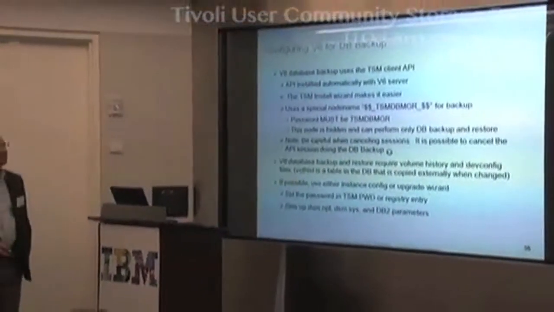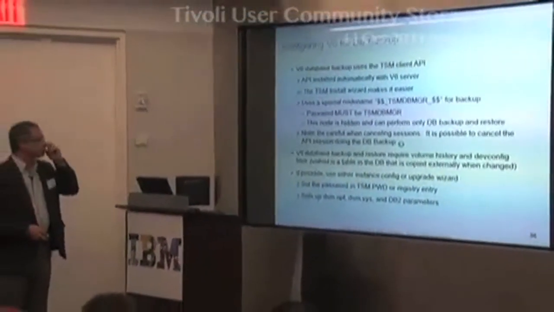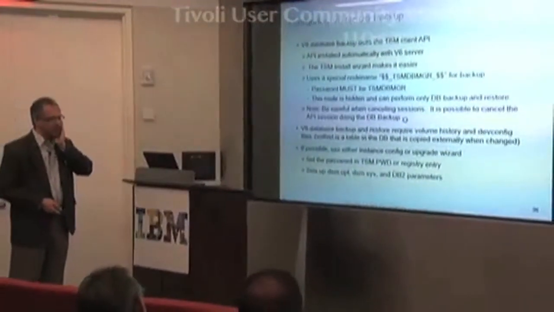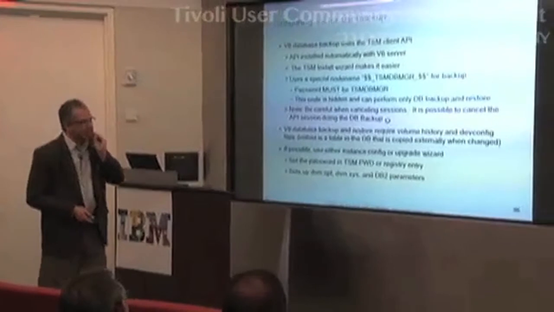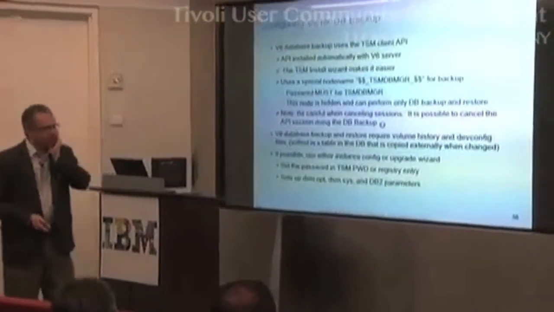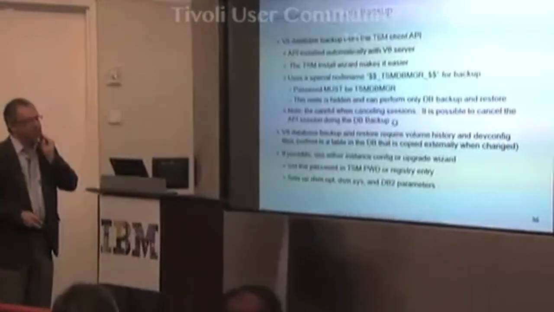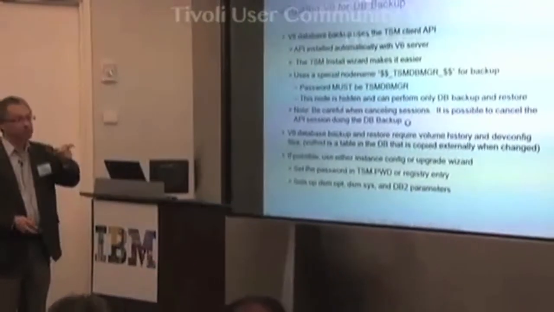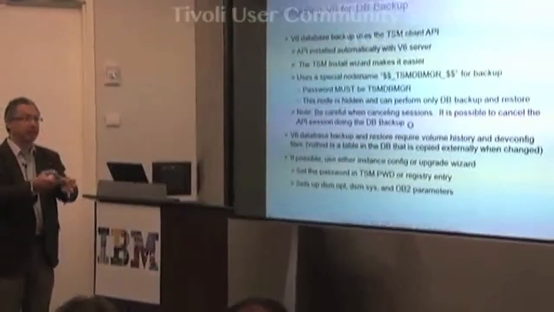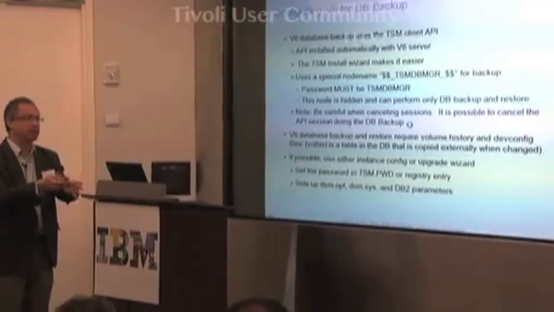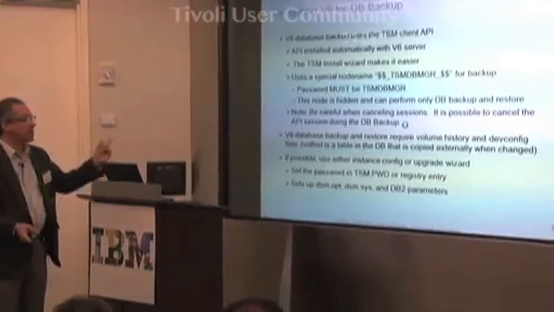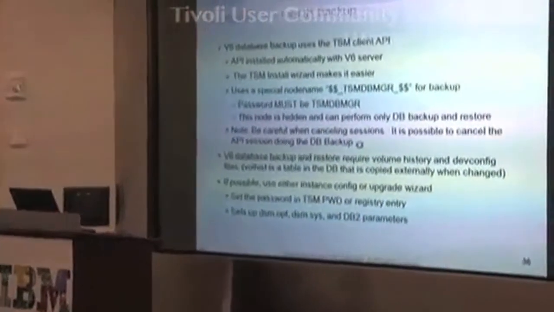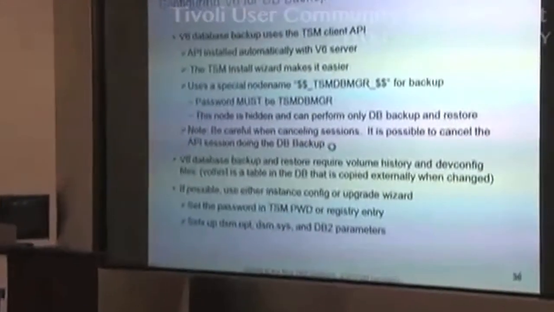So, backing up the database, as I said earlier, it's the same command. They simply linked the command through the TSM API, which is important for DR when you're doing a restore. You should have that API there, because when it's backing up, you'll see it as a session, which you never saw before with version 5.